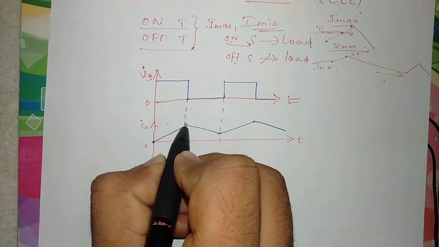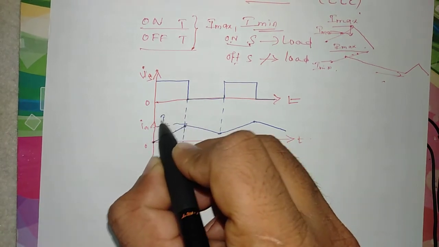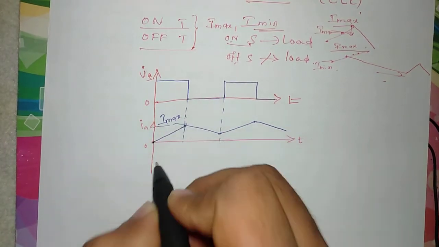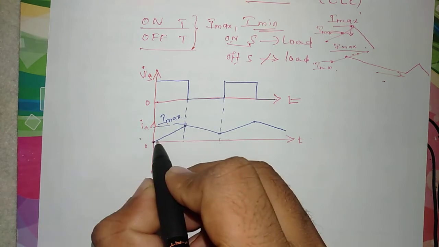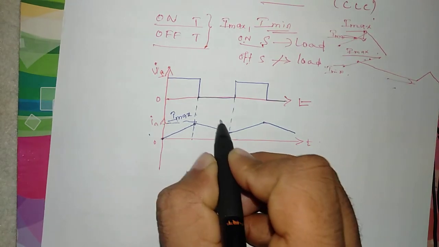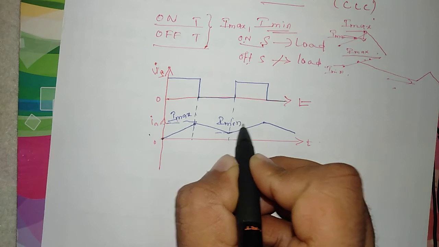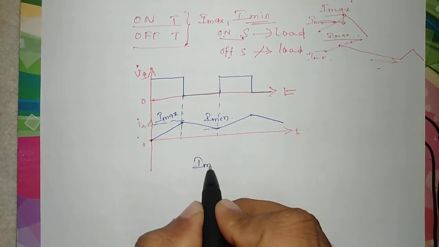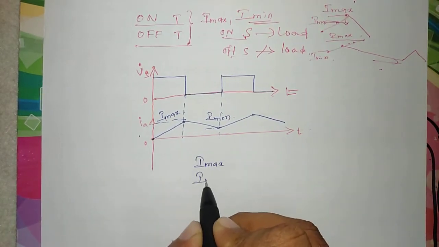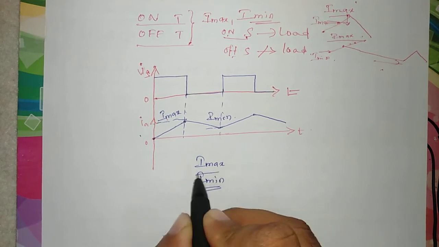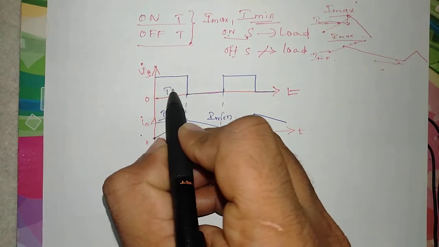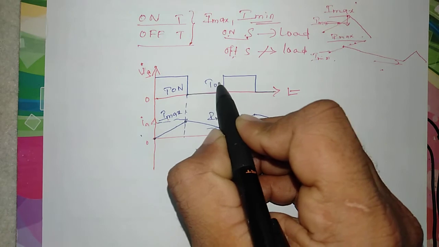So this may be the maximum current which the load experiences, and this may be the minimum current experienced in the load. So Imax and Imin both will depend upon T on and T off.